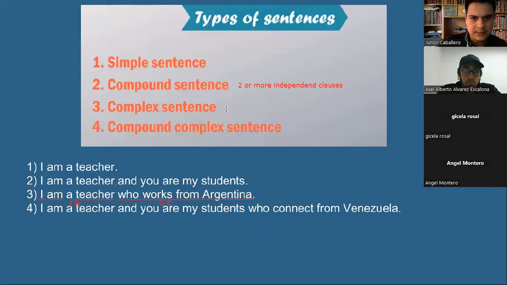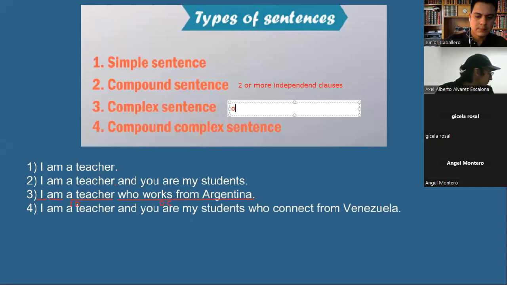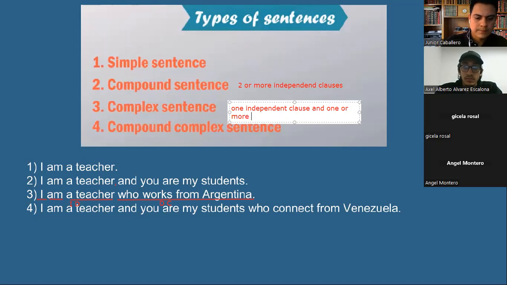Okay, because a complex sentence needs one independent clause and one or more dependent clauses.